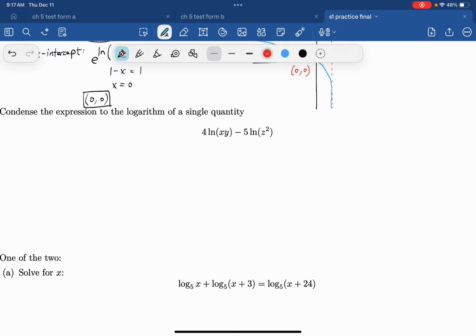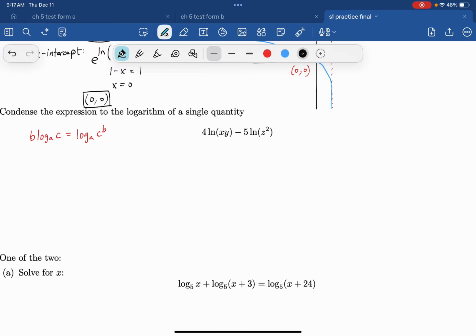So whenever we have b times log base a of c, this is also equal to log base a of c to the power of b. Right? So multiples of logarithms always correspond to some kind of power of the input.